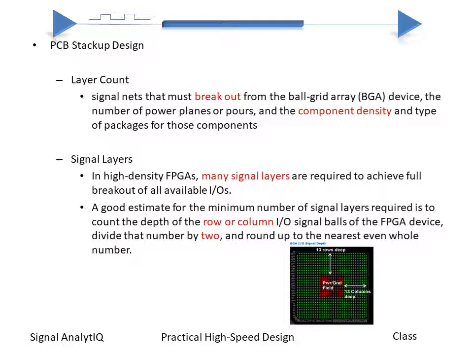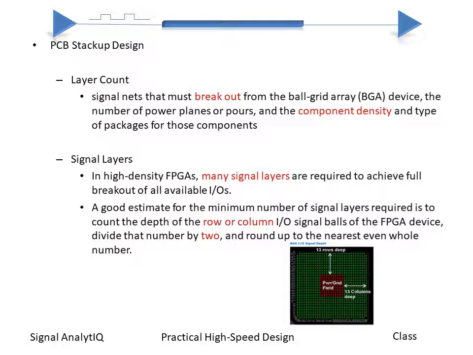The layer count, the total number of layers required in a design, is dependent on the complexity of the board. These factors include the number of signal nets that must be broken out from the ball grid array (BGA) devices, the number of power planes or ports, and the component density and type of packages for those components.